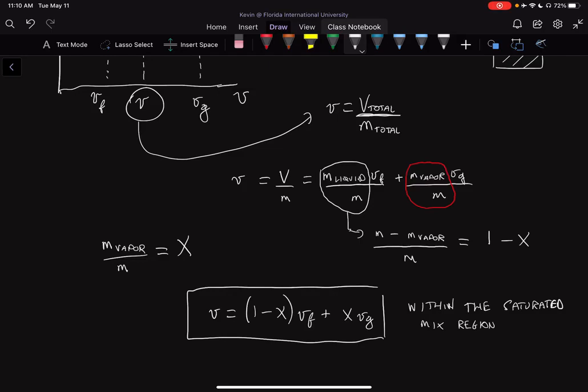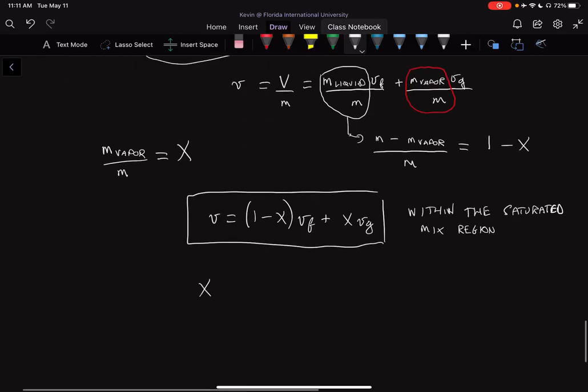Within the saturated mix region, from the quality x we can find Vf, Vg, and then finally v. Or the other way around: if you have your specific volume from the graph and you're trying to find the quality, you can use this equation and rearrange it to find x.